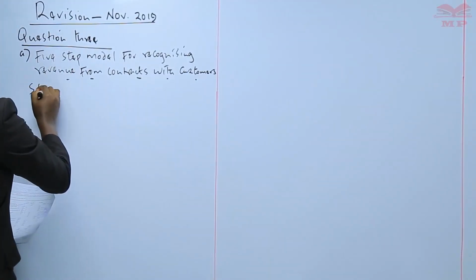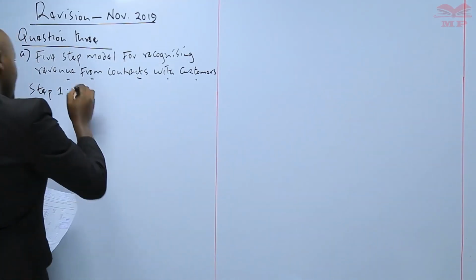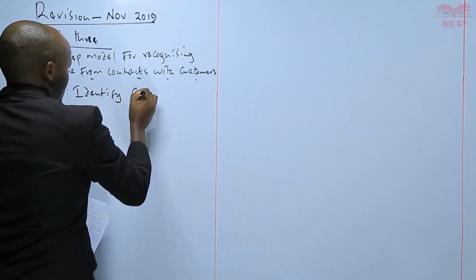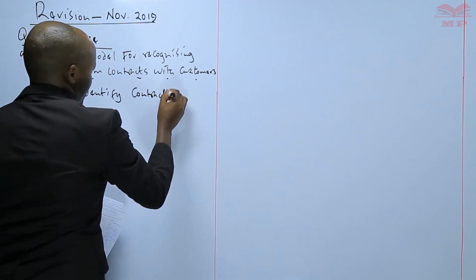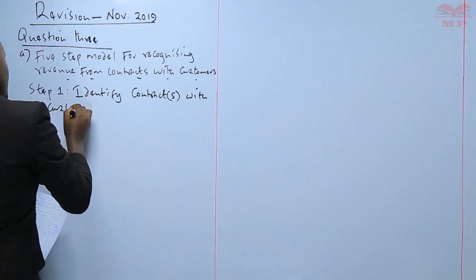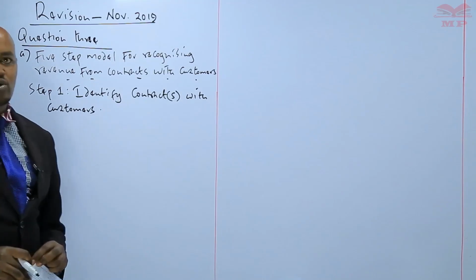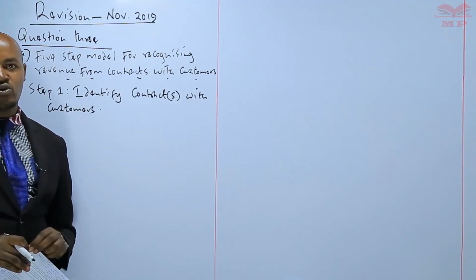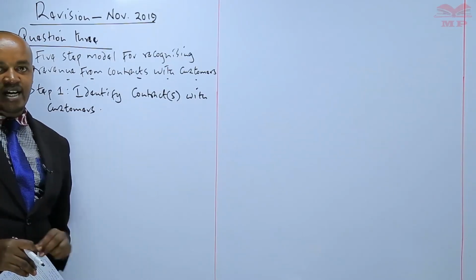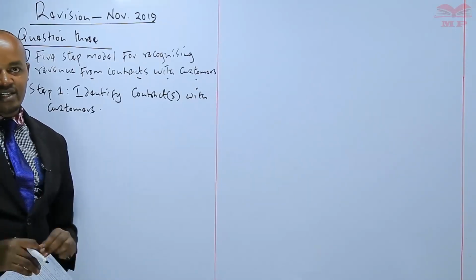So step number 1, for an entity to recognize a revenue, is basically to identify the contract with the customers. So the first thing which an entity will need to do to recognize the revenue from a contract with a customer, or customers, is to identify a contract which has been entered with customers.